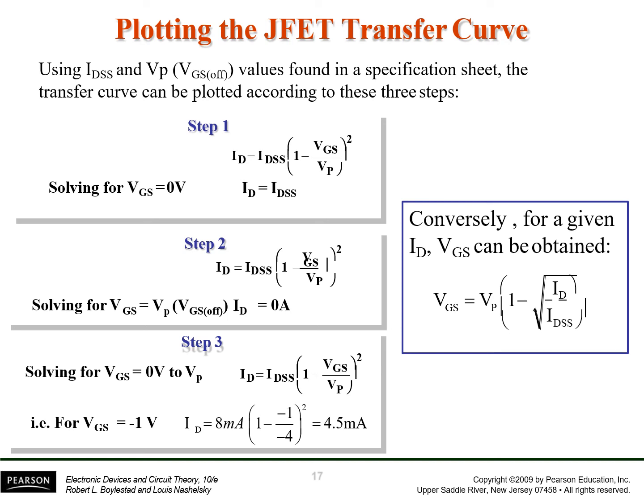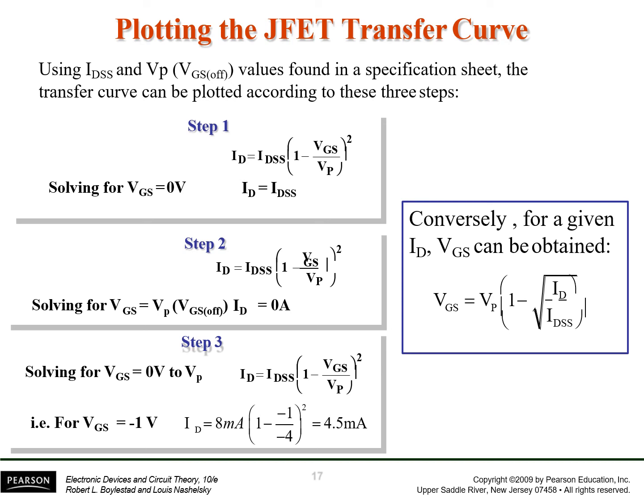In step number 3, solving for VGS between 0 volts and VP, ID is equal to IDSS into (1 minus VGS over VP) whole square. In this case, we put a certain value of VGS, for example, minus 1 volt. If we put that value, then the value of ID comes out to be 4.5 milliamperes.